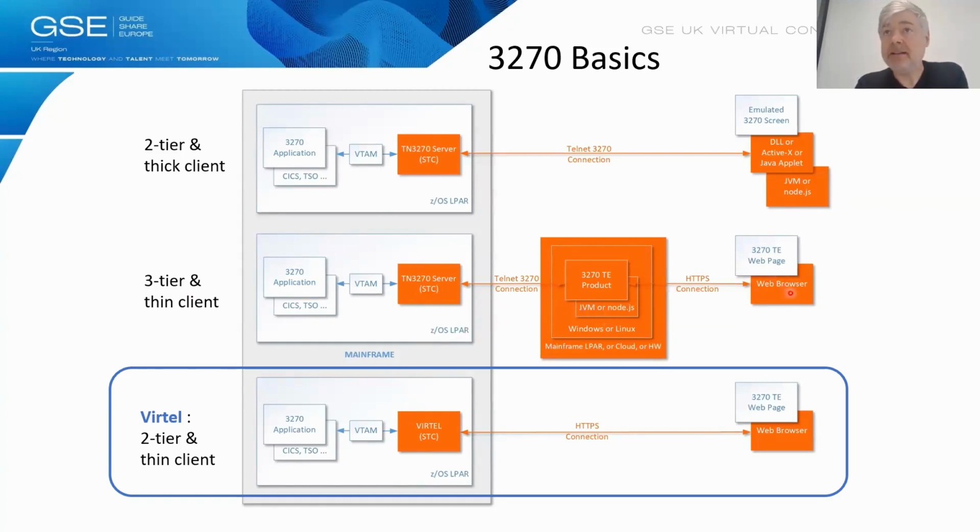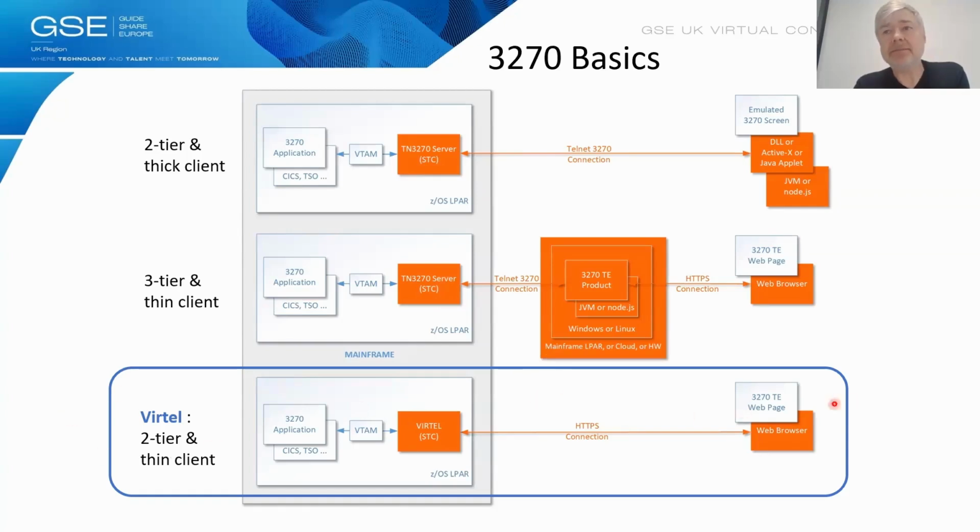But basically, the web browsers connect in HTTPS to this tier server, and this tier server does the conversion between the HTTPS and the Telnet 3270, and you're going straight in to the TN3270 server, as in the first top part of the diagram here, and then going into your applications.